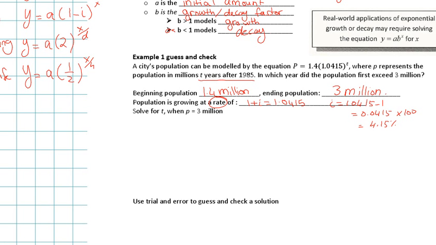So, the question is asking you in which year did the population first exceed 3 million? So what letter am I solving for? t. Okay? So, P is 3 million. So I'm going to write 3 equals 1.4 times 1.0415 to the power of t. I am solving for t. How would I solve for t?